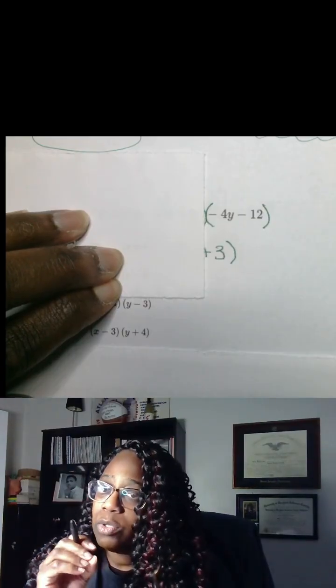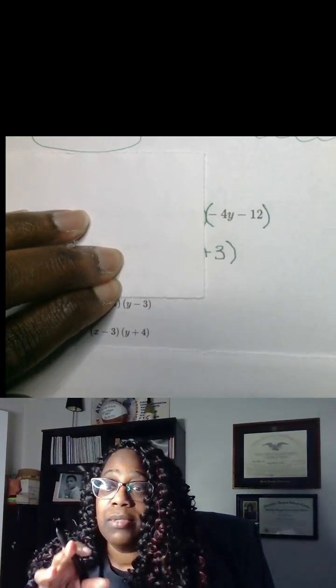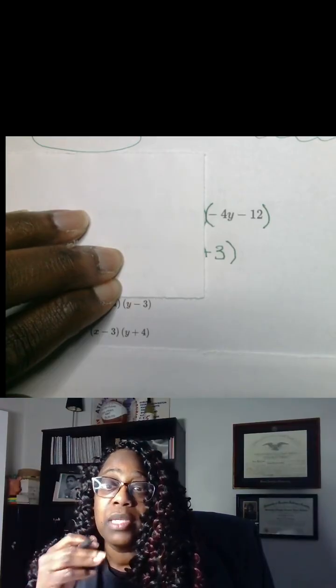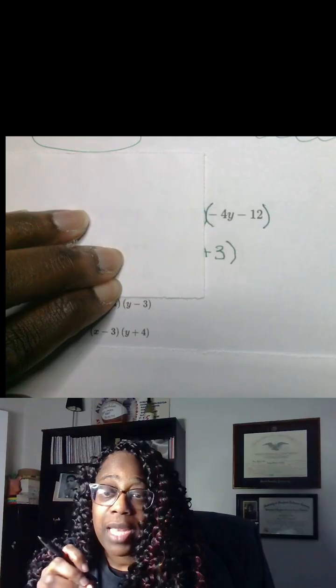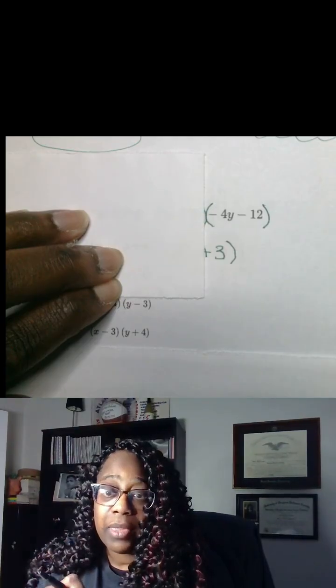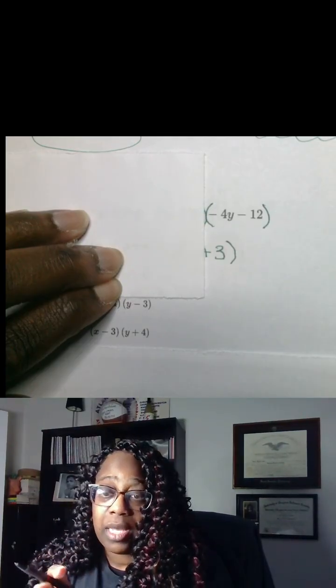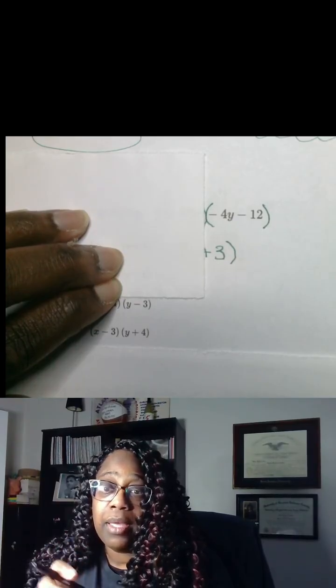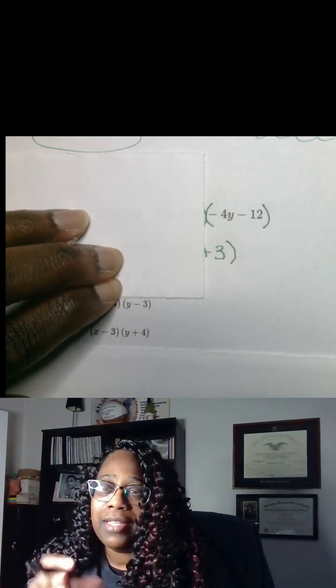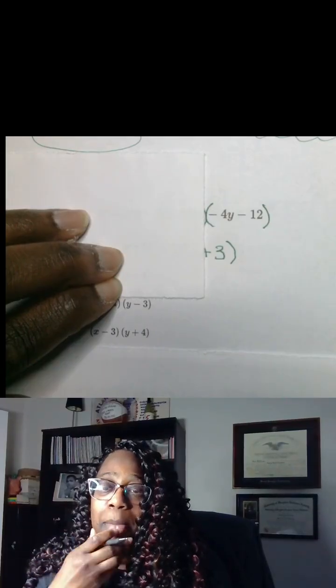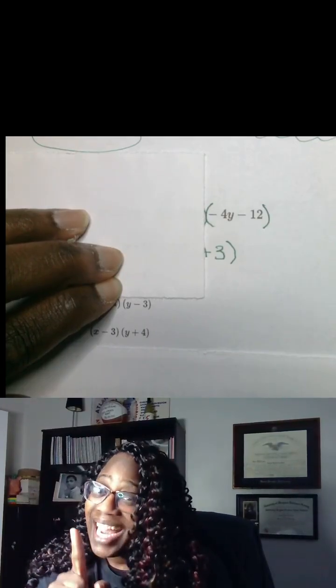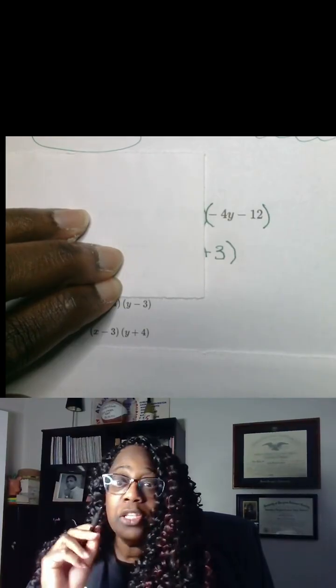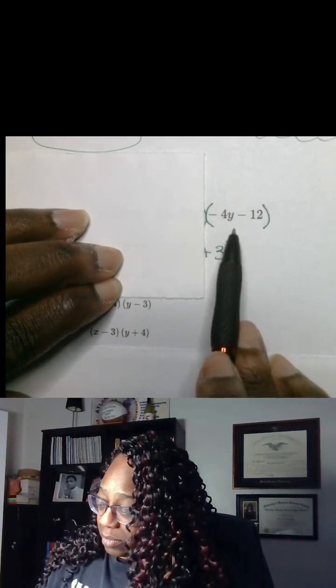I'm seeing some 2's, some 3's, some 4's, negative 4's. I'm seeing y's, both negatives. Okay, both are a factor of 3? Careful. Here's the thing.